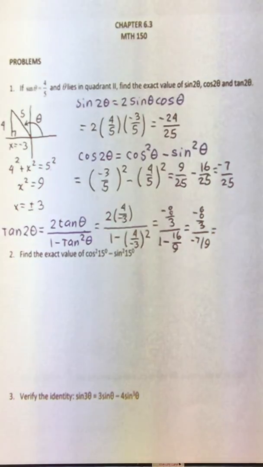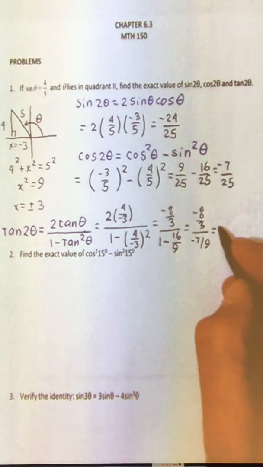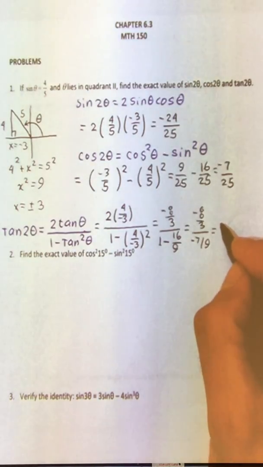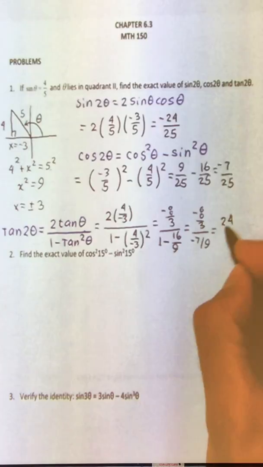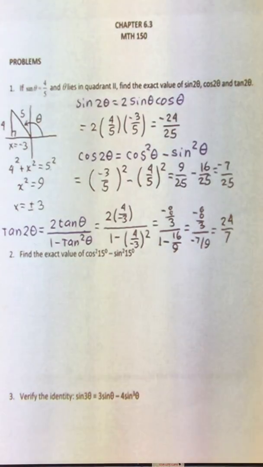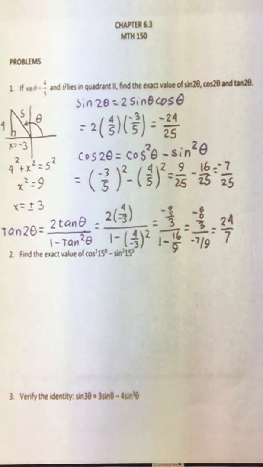And then finally, taking the numerator times the reciprocal of the denominator will give you a final value of 24 divided by 7. So it'll be -8/3 times 9 over -7. And that'll give us our final answer of 24/7.